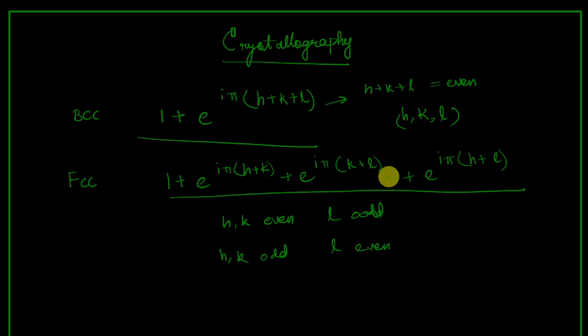So there can be two kinds of possibilities here. If H and K both are even, then these are going to give you 0. So H, K and L, everything has to be odd or everything has to be even. That is the only possibility here.